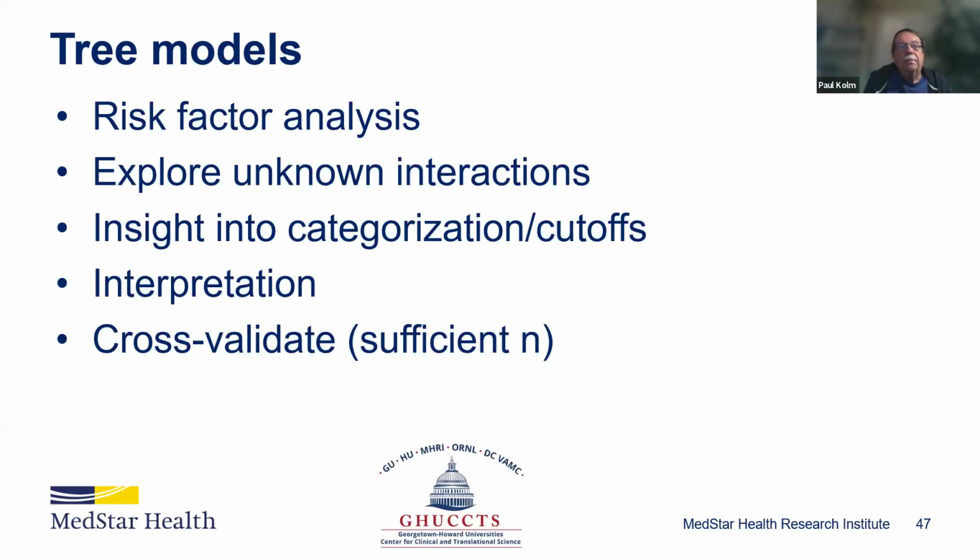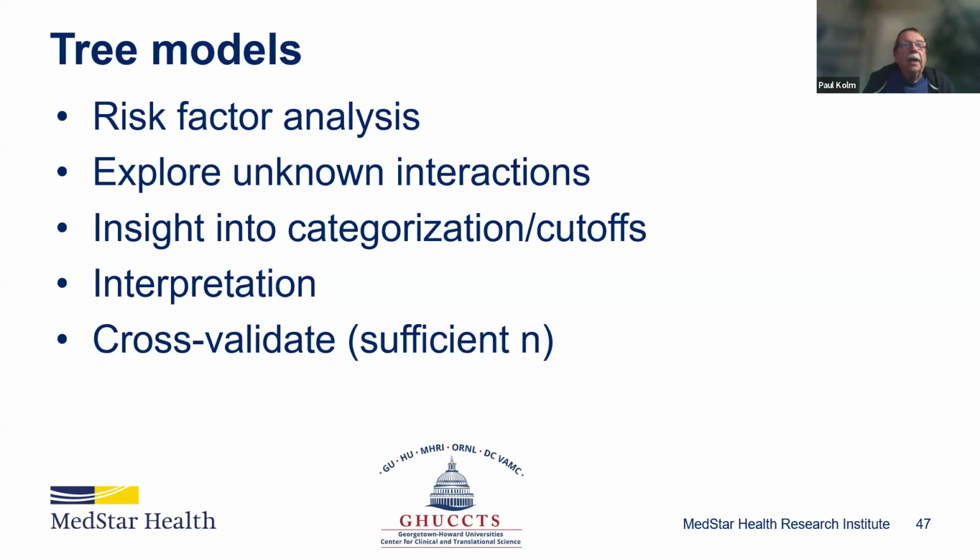In other words, you might want to randomize your patient population into two groups, or maybe three or more. You would develop the model on one group, and then you would use that same model to see how well it does on the second group, and that's the same thing we can do in regular regression.